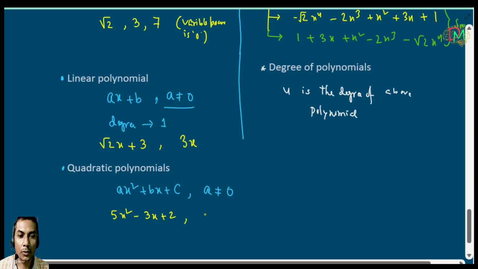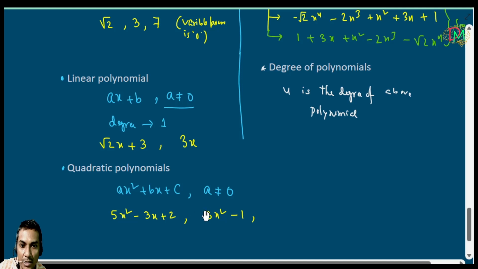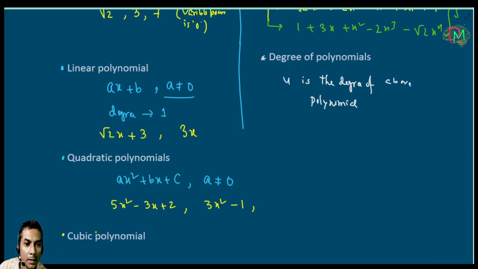And 3x square minus 1, this is also quadratic, because we only consider that the coefficient of the degree 2 part should not be 0. Clear? Means 3 cannot be 0. Okay, next is the cubic polynomial.